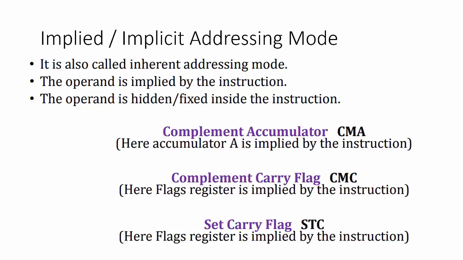Then another example is STC, set carry flag. This instruction will set the carry flag, which means it simply updates the value of the carry flag to 1. Set means 1.